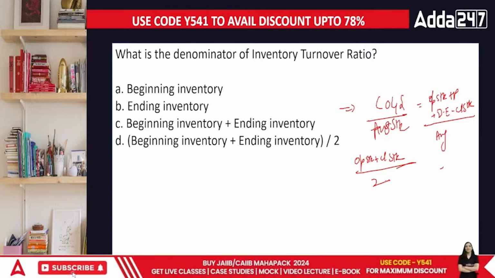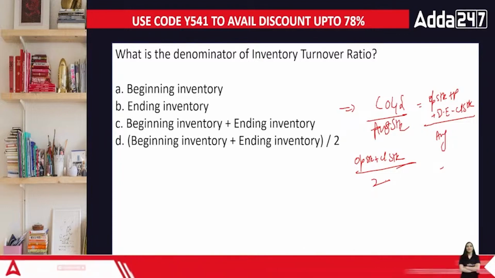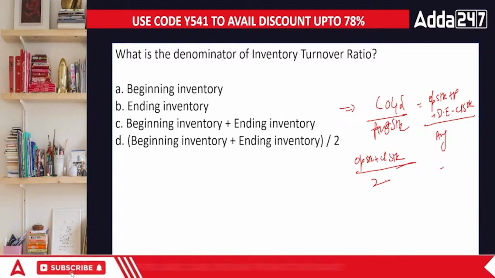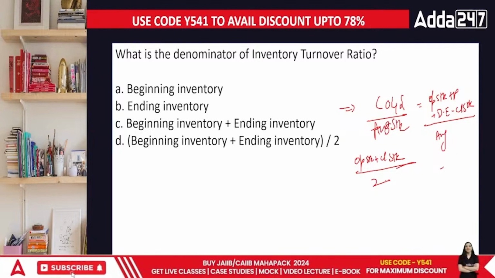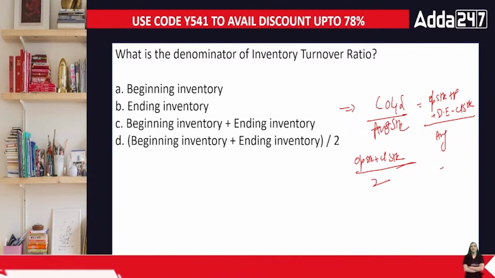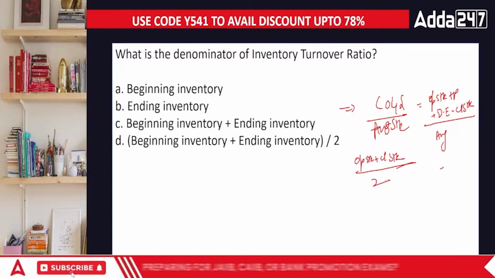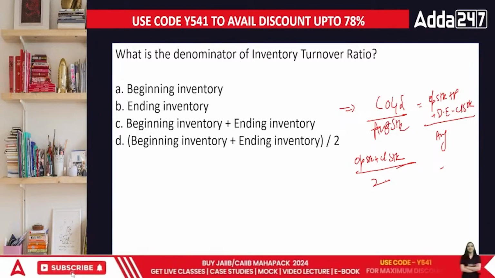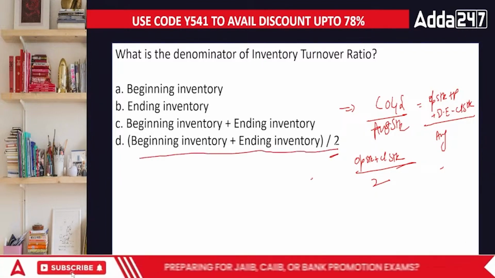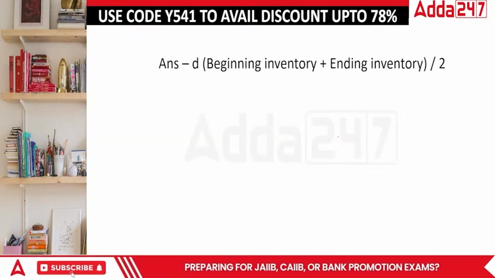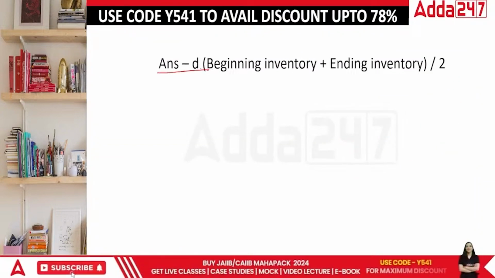Done, everyone? What is the denominator? In this case, the beginning inventory and the ending inventory divided by 2. That would be the answer, isn't it? So the correct answer is beginning inventory plus the ending inventory divided by 2. Okay, the answer is D.